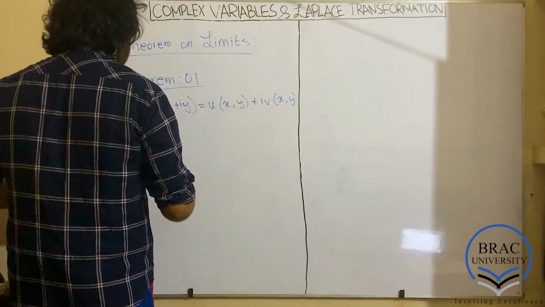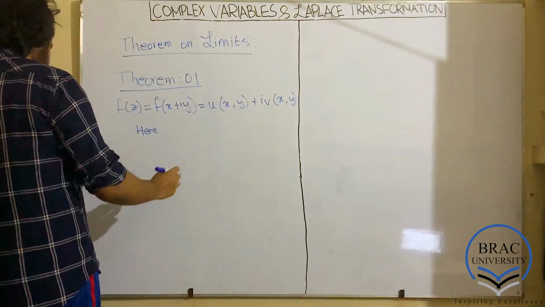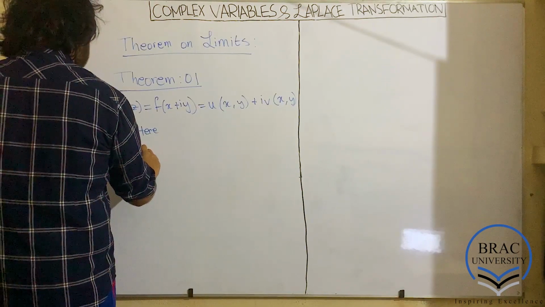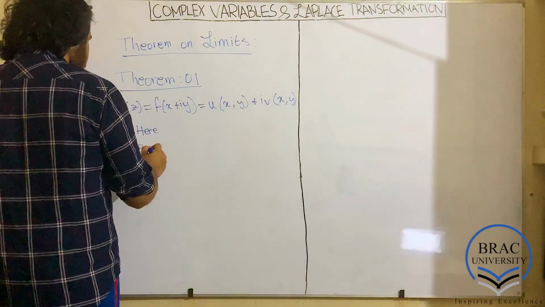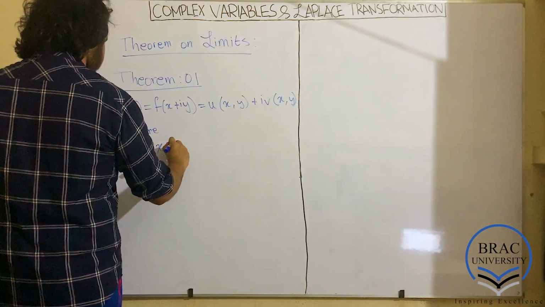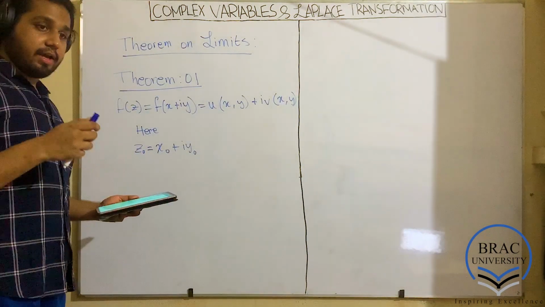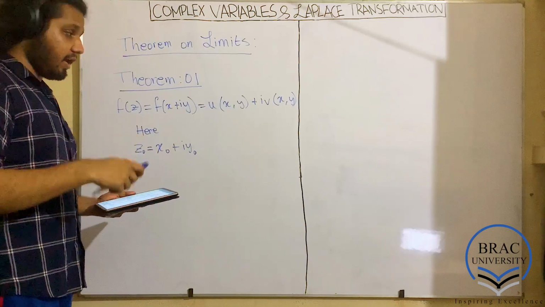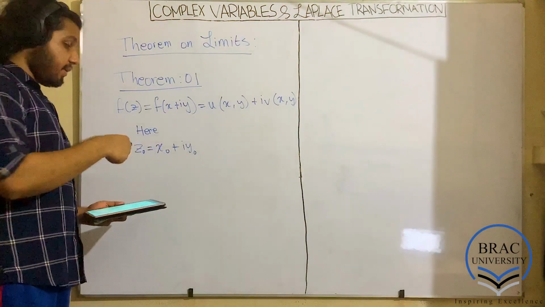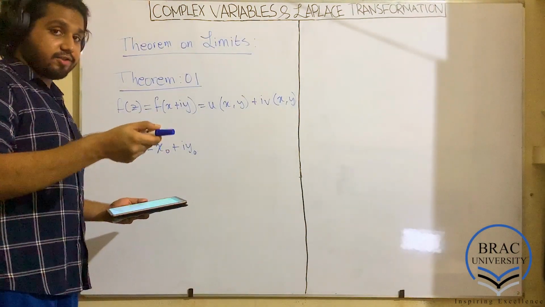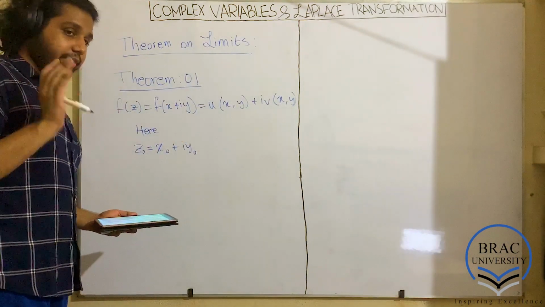Here, if we were to take a limit to z naught, our individual real numbers would be x naught plus i y naught. As in, when you take the limit of a function as z tends to z naught, both these real numbers, x and y, would also tend towards the extreme, which is x naught and y naught. Now, why I said real numbers, I wanted to reiterate it again.